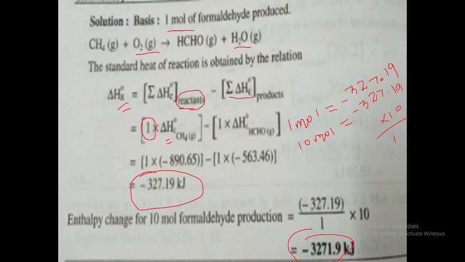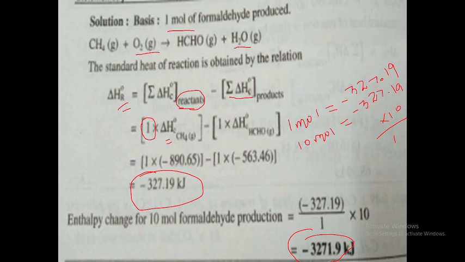From this problem, the standard heat of reaction is negative, so the reaction is exothermic. What is exothermic? Heat is released during a chemical reaction. Are you clear or not? Okay. So as per the reaction, 1 mole of formaldehyde produced means standard heat of reaction is minus 327.19. Are you clear or not?